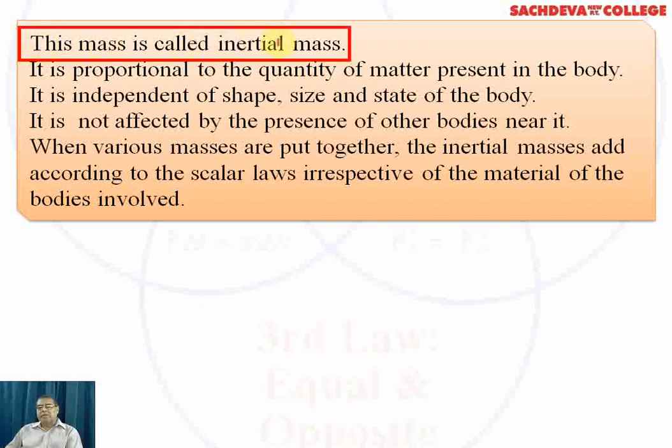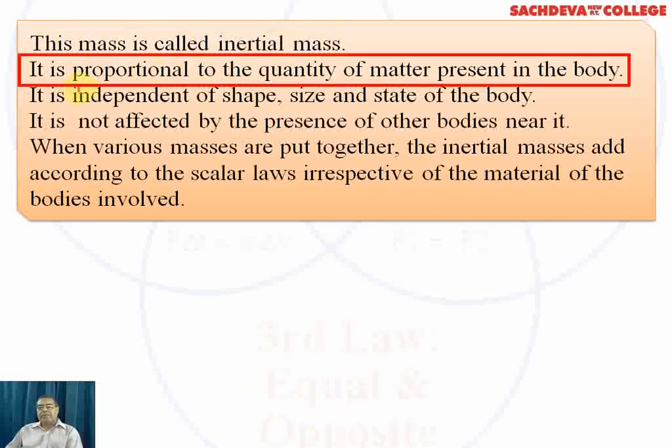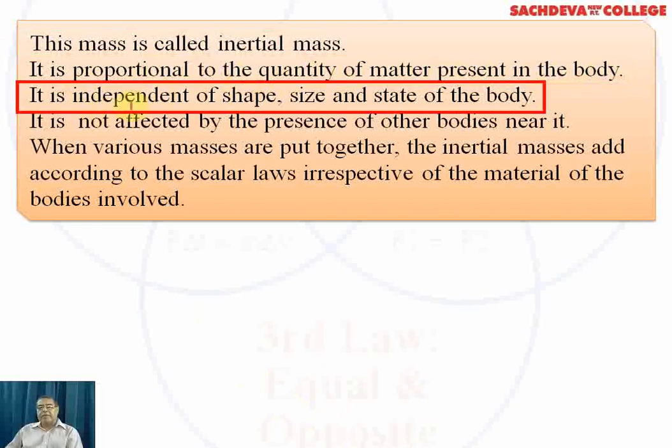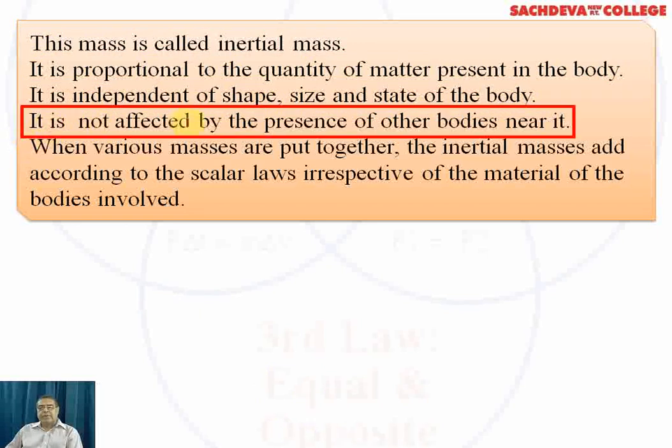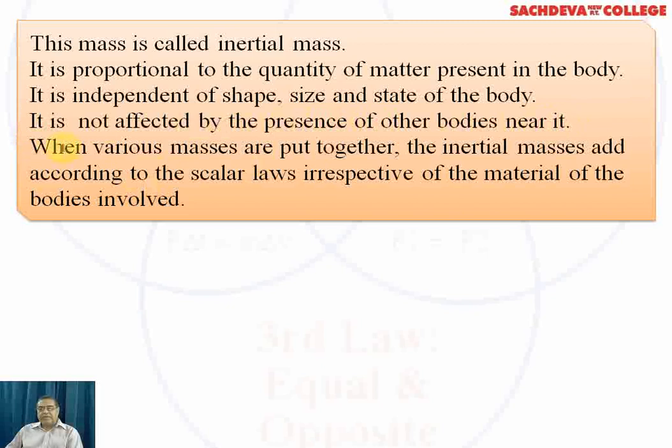This mass is called the inertial mass. It is proportional to the quantity of matter present in the body. It is independent of the shape, size, and state of the body. It is not affected by the presence of other bodies near it. When various masses are put together, the inertial masses add according to the scalar laws, irrespective of the material of the bodies involved.